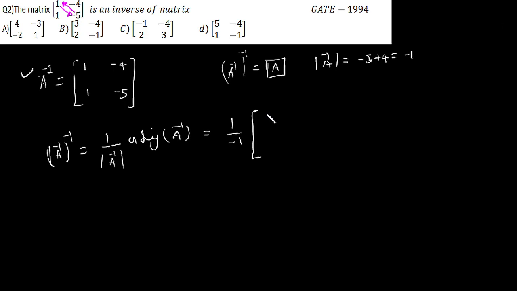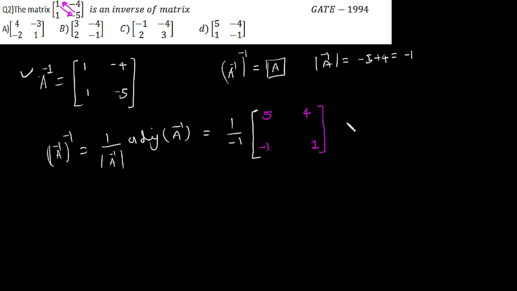So let's write it here 5, here 1. Now for the second diagonal, we simply reverse the sign. Here we have minus 4, so we write plus 4. Here we have plus 1, so we write minus 1.